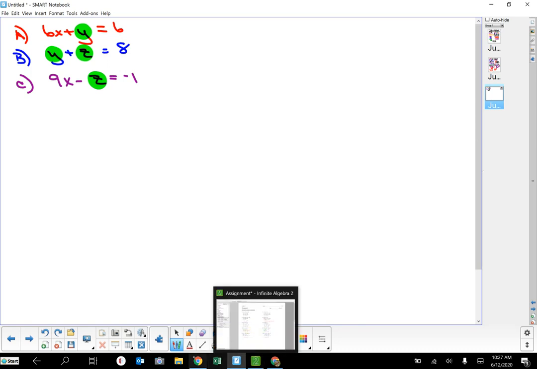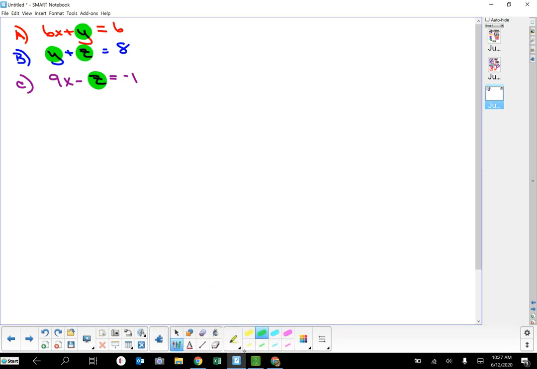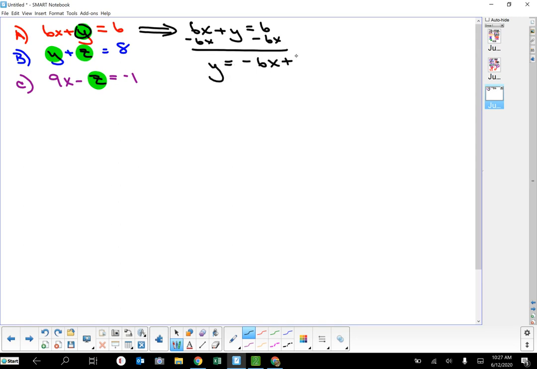I think I'm just going to work from top to bottom. So I'm going to start with equation A, and solve for this y right here. If I start with 6x plus y equals 6, and I move the 6x to the other side, I end up with y equals negative 6x plus 6. Now if I plug this in anywhere there's a y, let's see what happens.